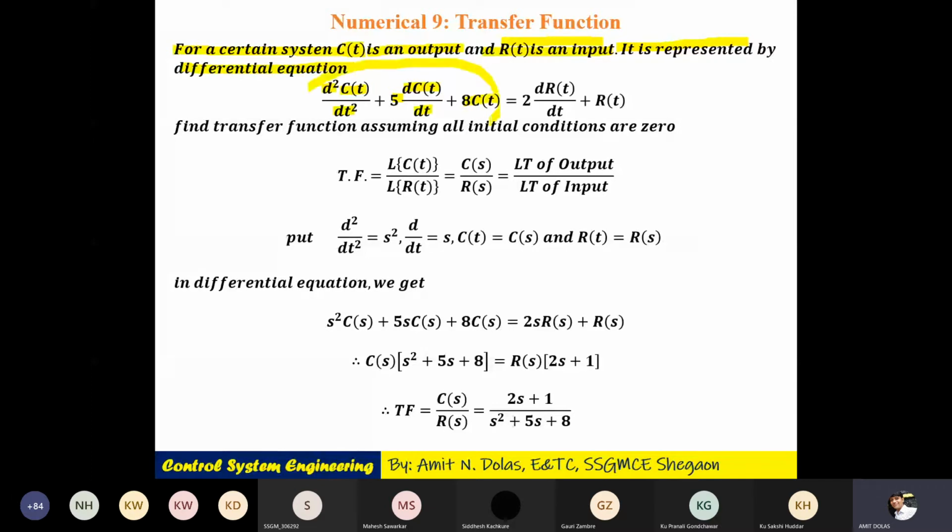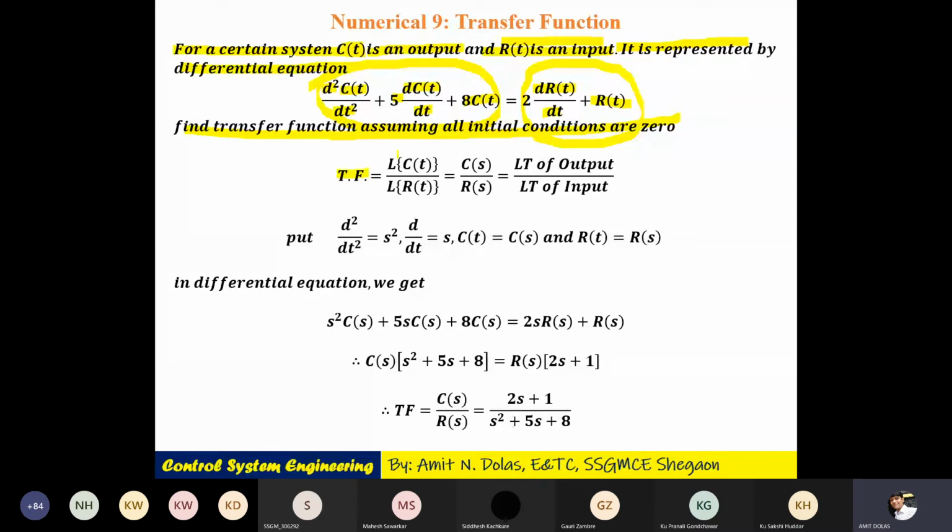This complete left side is the output side, and since r of t is here, the right side is the input or excitation side. If it is not in this form, please arrange it into this form: the whole output term on the left hand side, the whole input term on the right hand side. Find the transfer function assuming all initial conditions are 0.